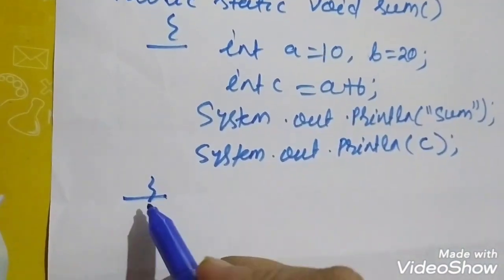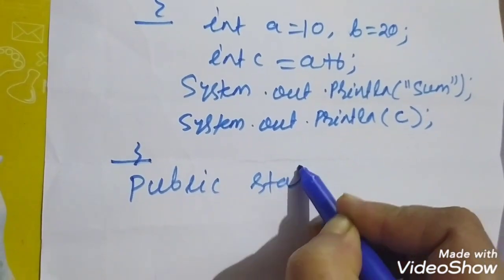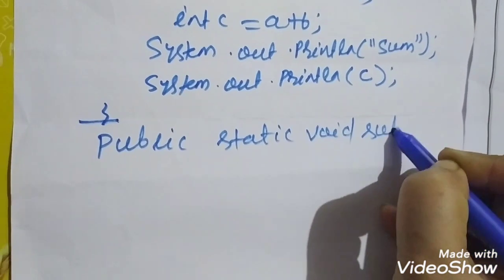The other method I have to write, that is public static void sub.